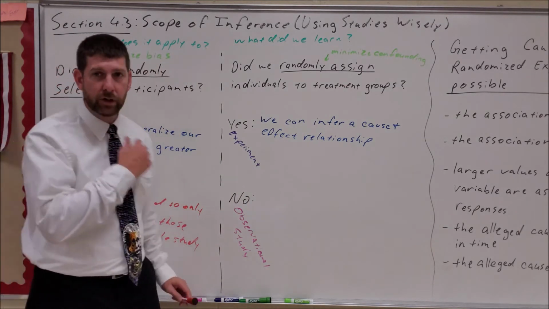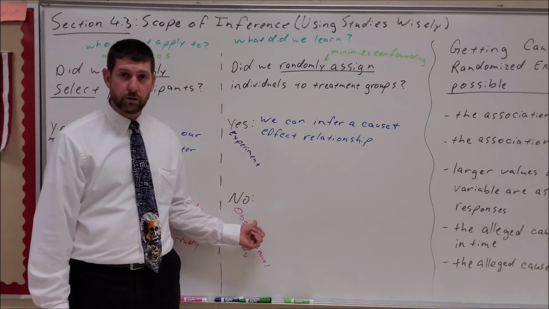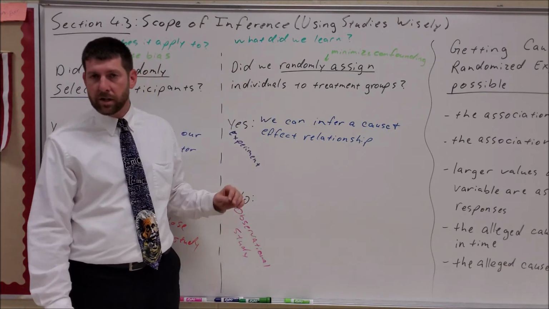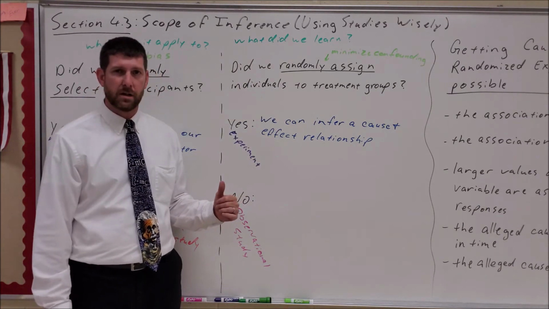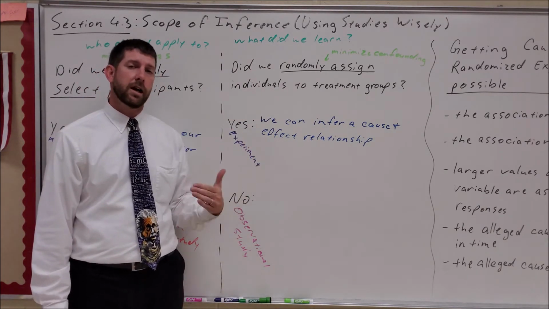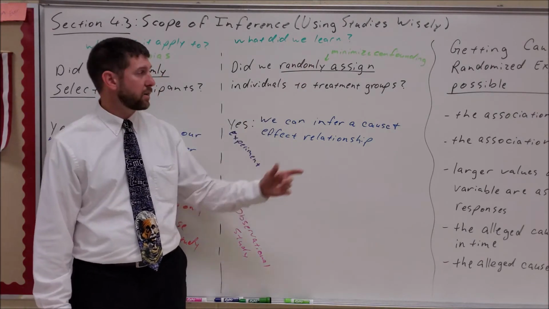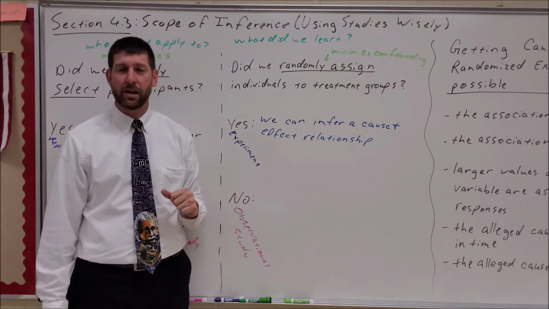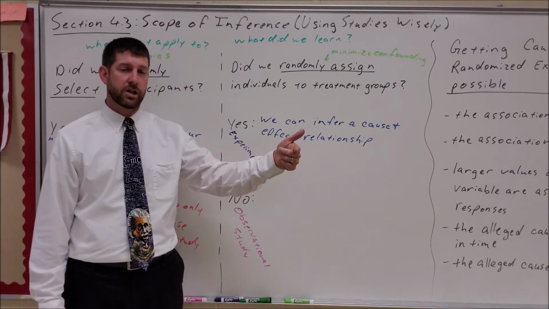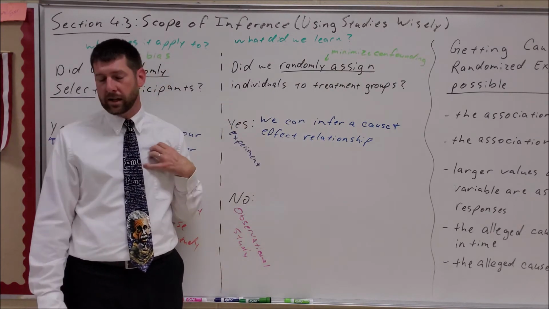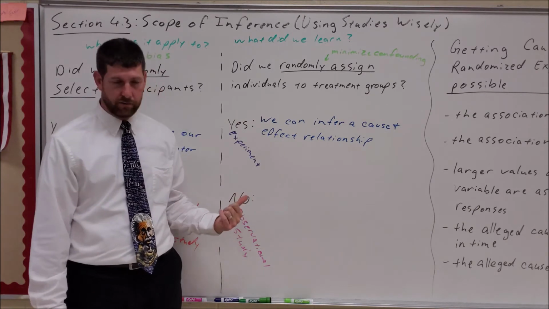So if we did not randomly assign individuals to treatment groups, what we're doing is we're just observing what's occurring naturally. We didn't put our hands on any of those confounding variables. And because we didn't minimize confounding, those may be the cause for the change still. Those things going on in the background that we didn't measure, they may be the cause for the difference.